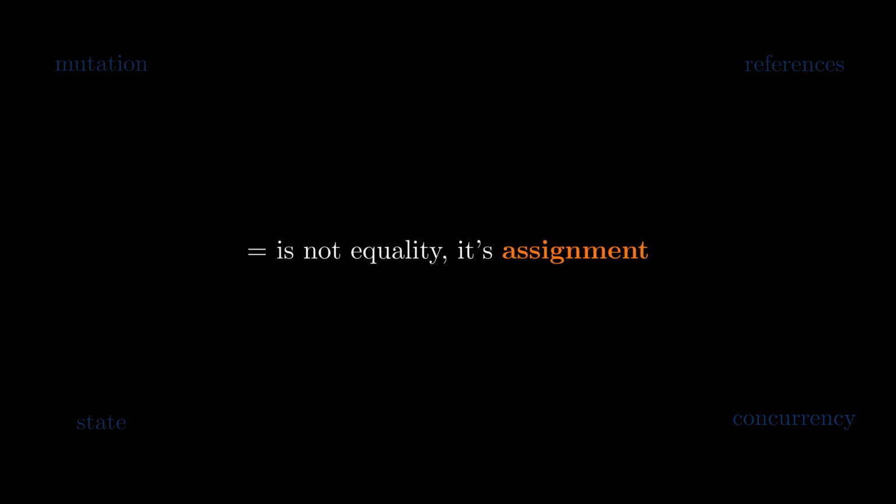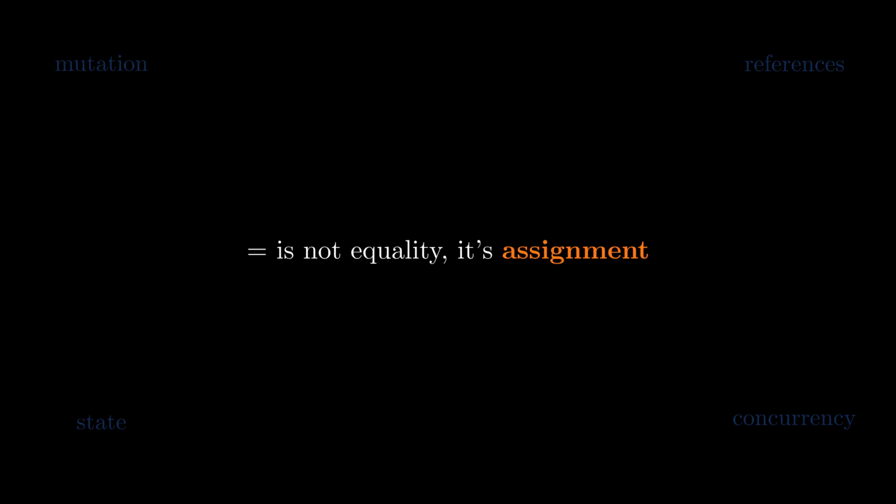References. Multiple names can point at the same value, and the change in one viewpoint affects others. State. The entire program is a snapshot of which names point where, evolving step by step. Concurrency bugs, two threads racing to rebind the same name, neither knowing what the other did. All of it grows from a single root. Equals is not equality, it's assignment.